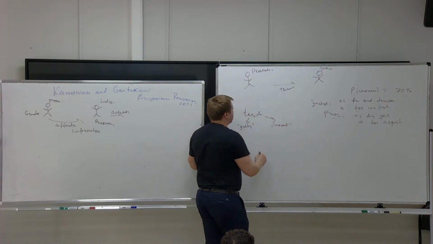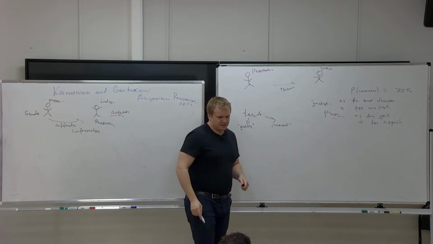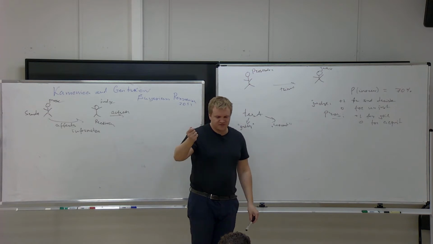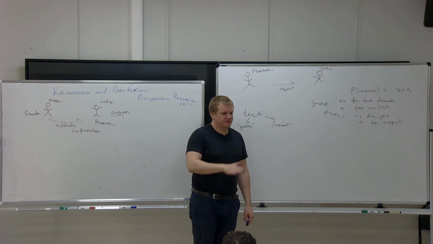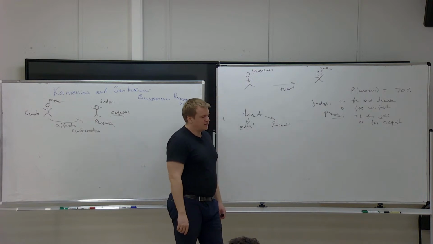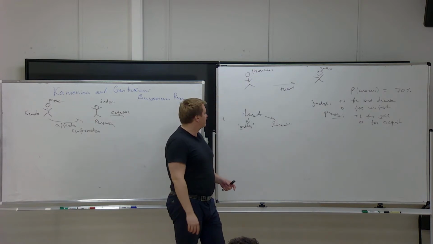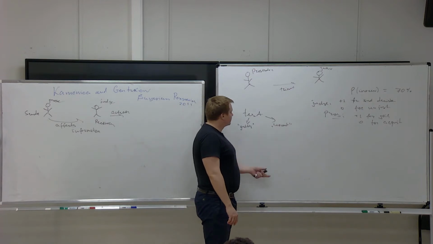For example, the prosecutor can ask the neighborhood, and as a result of this investigation, there's going to be either a conclusion that it's guilty or that it's innocent.